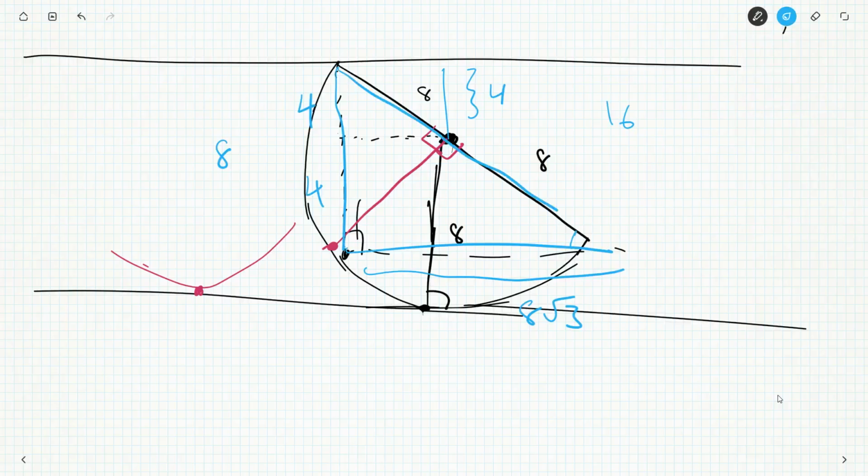Here we go. I think we've cracked it. So 8 root 3 is how far? This is a side length 8. And in terms of where this guy is, so make a right angle there.